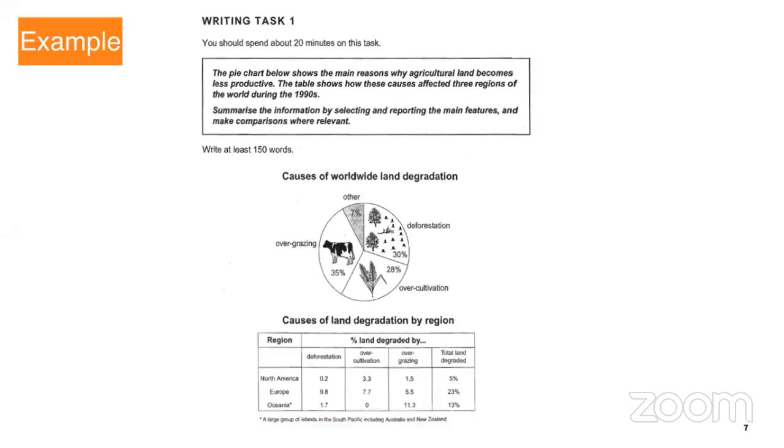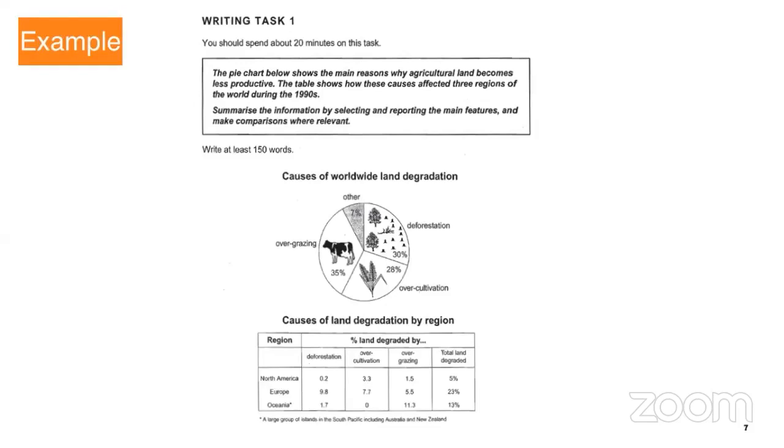The table shows how these causes affected 3 regions of the world during the 1990s. Summarize the information by selecting and reporting the main features and make comparisons where relevant. And then another reminder for you, write at least 150 words. This is very important, you must do that, 150 words or more.